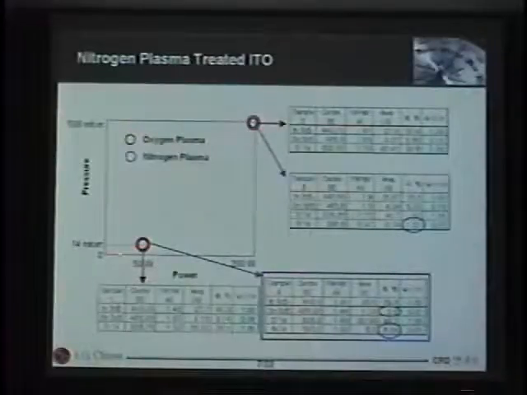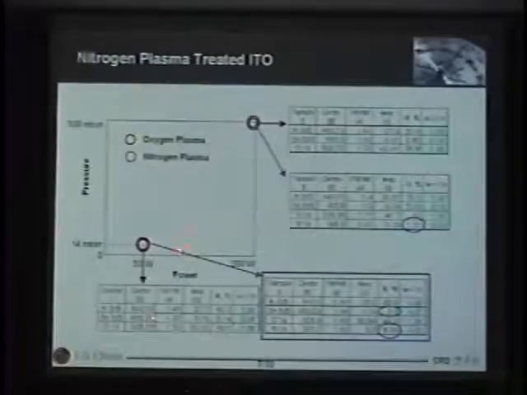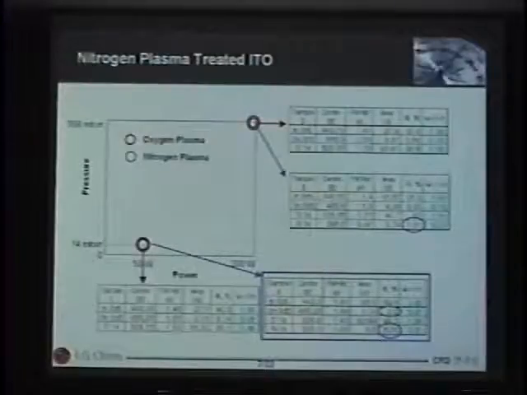When you use low power and low gas flow, it gave a very strange result. We can see some nitrogen atoms on the surface of the ITO, and also we saw some deficiency of the indium metal atoms after we treated with nitrogen plasma.